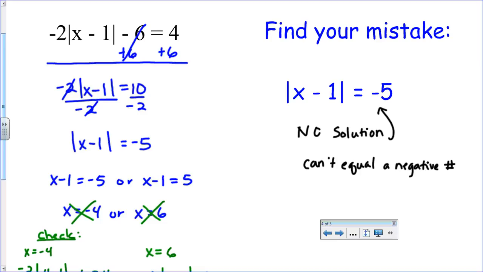I didn't know that until I got the absolute value by itself. So if this had been a -4 from the start, that doesn't automatically mean it's going to be no solution. Not until you have the absolute value by itself.